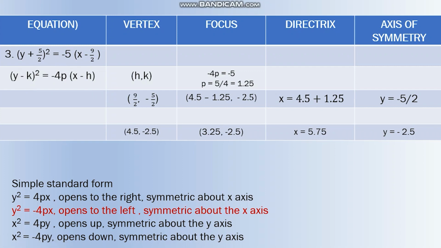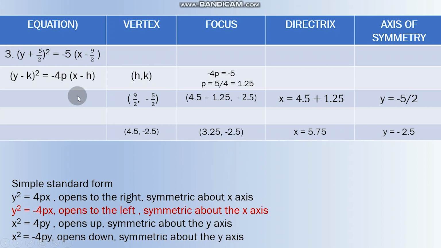So, take note, look at the standard form. y minus k, it is always minus, and also x minus h. Okay, so y minus k quantity squared is equal to negative 4p times x minus h. Now, this is almost the same as before: y has the square and negative 4p is this one, the red one. So, the only info we get here is that it opens to the left.